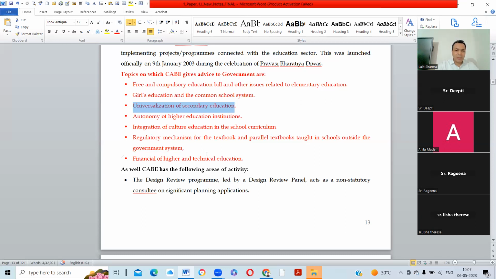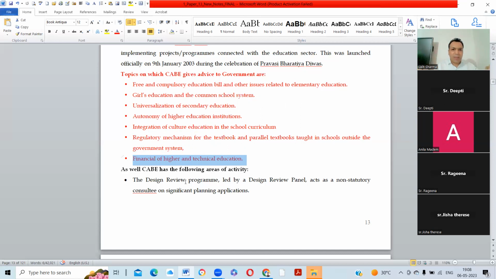Now next, what are the topics on which CABE gives advice to the government? Autonomy of higher education institutions, that is, to provide autonomy to higher education; integration of culture education in the school curriculum; regulatory mechanism; financing of higher and technical education. Right, guys? Because you are doing the M.Ed and are going to become a principal, such topics have come in your syllabus.